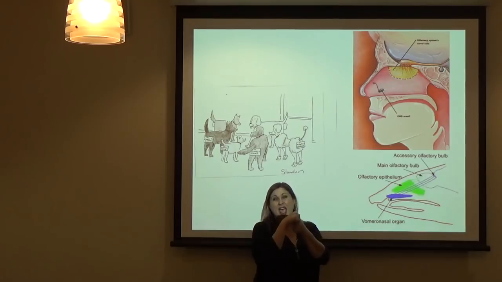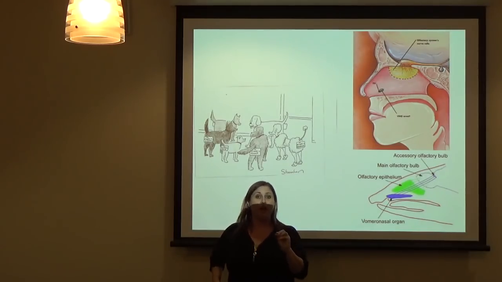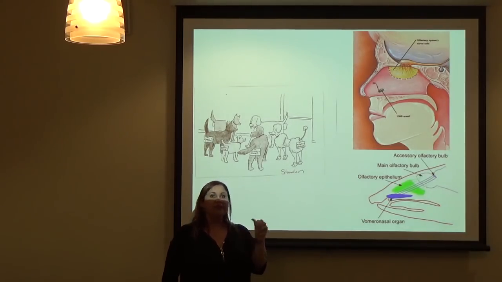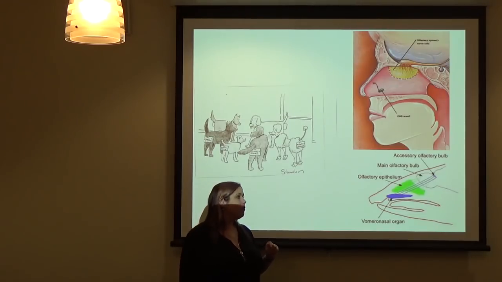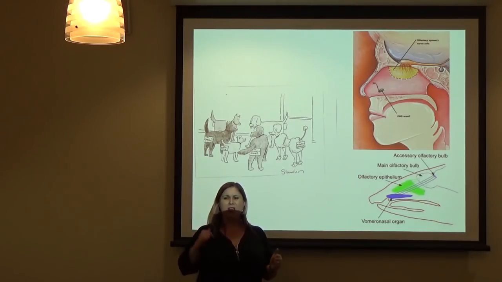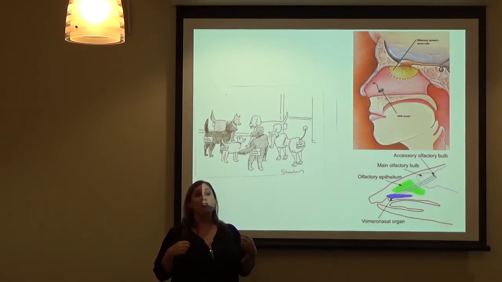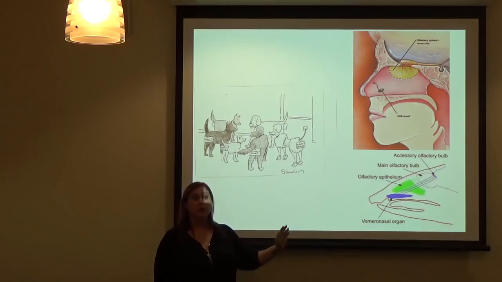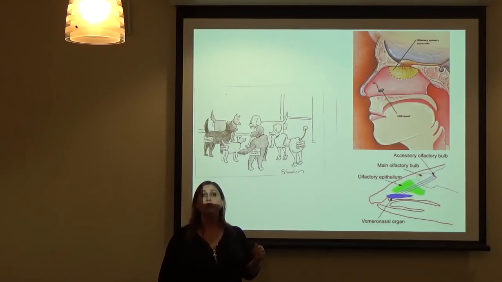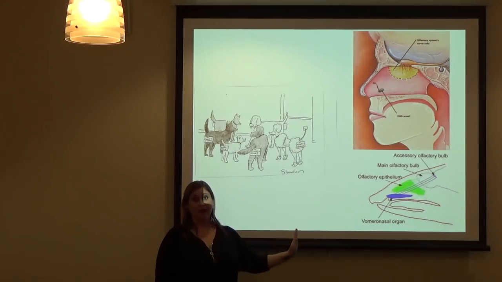And we might have a little tiny VNO in there, but that's up for debate. Different people think, oh yeah, it's definitely there, and other people call it vestigial in people, meaning it's no longer used. It's just a remnant from our evolutionary past. Okay, so there's some people who say the VNO is vestigial. It's just a remnant of our evolutionary past.